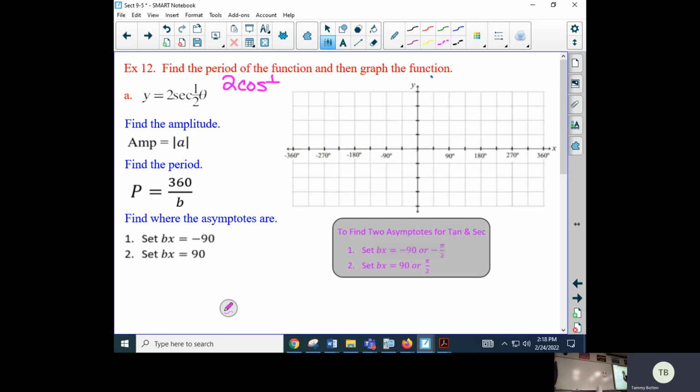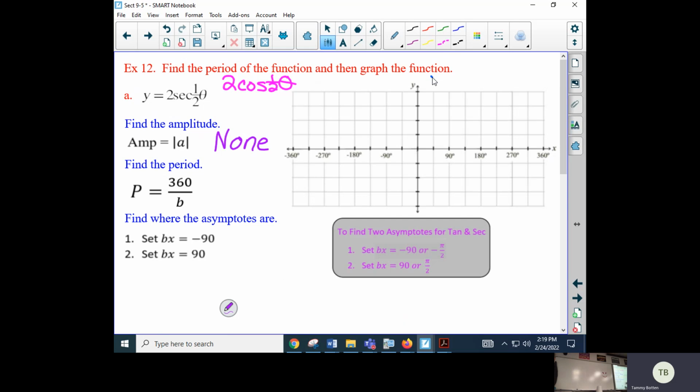Okay, so what we're actually going to graph is this, and then from that we draw secant off of it. Okay, can you guys tell me from this what the amplitude is? 2. But actually, when you're asked for the amplitude of a secant, there's none. If it was cosine, it would be 2, okay?